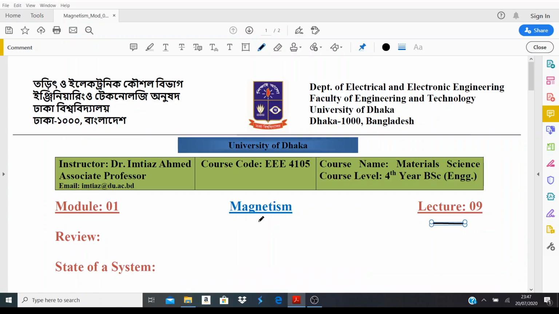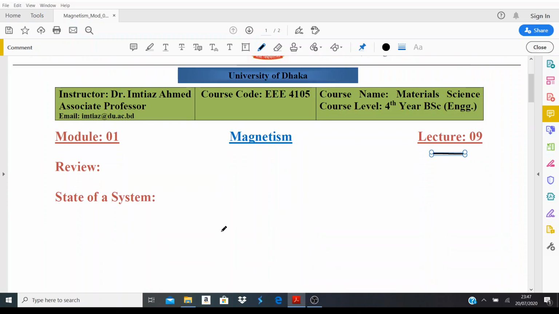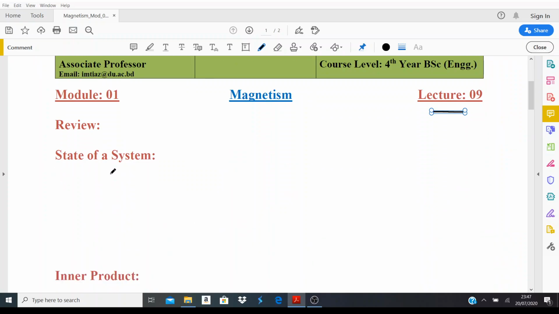If you recall, in the last couple of lectures, I tried to introduce the basic concepts in the quantum mechanical framework to understand magnetism, right? I started talking about the state of a system, and I said the system can be anything, as simple as an electron moving in free space, or more complex, like tens of electrons in an atom, or it could be a piece of solid.